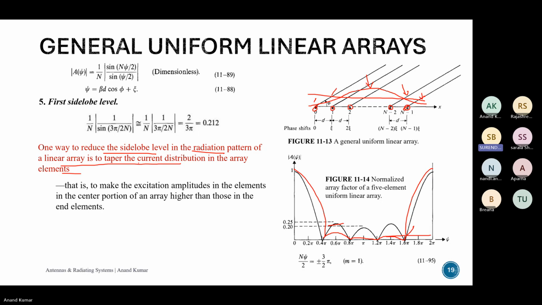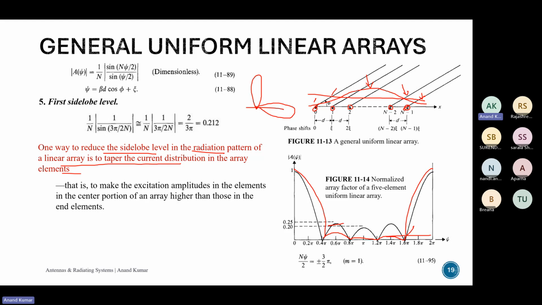Hello, sir. The side lobe levels in a broadside array and an end fire array, which one gives better side lobe levels, sir? Okay, so let's see. We did observe that the beam width of a broadside array is less than that of the end fire.